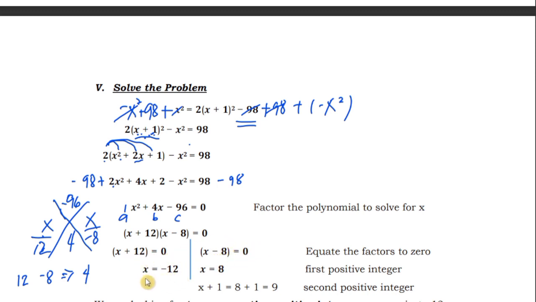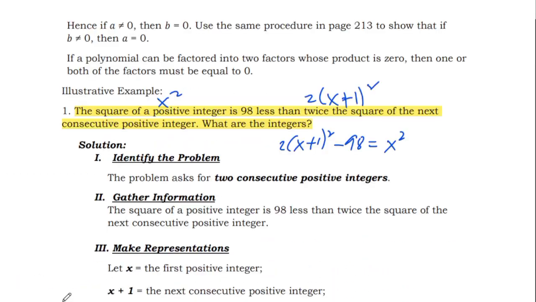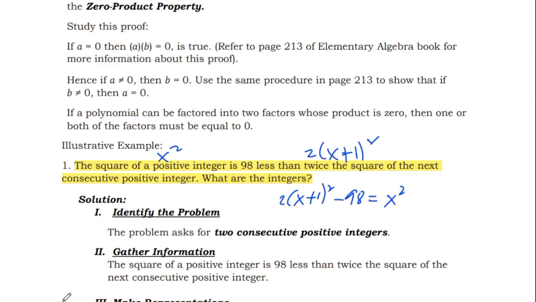So we come up now with x equal to negative 12 and x equal to 8, because we transpose the 12 to the other side, so it became 0 plus negative 12, and transposing negative 8 to the other side, it became 0 plus 8, and that is 8. Returning to the given problem, it should be positive integers.